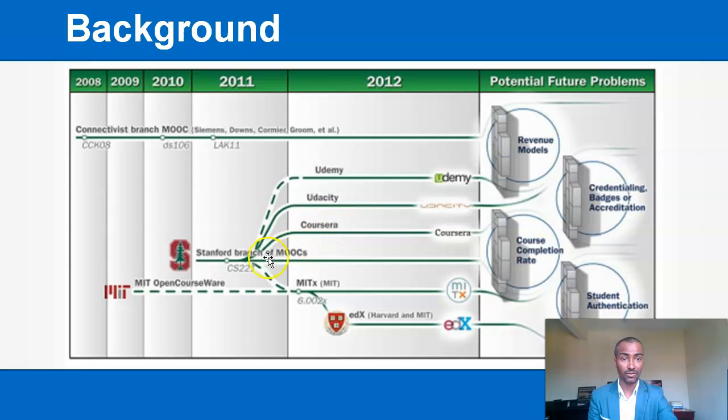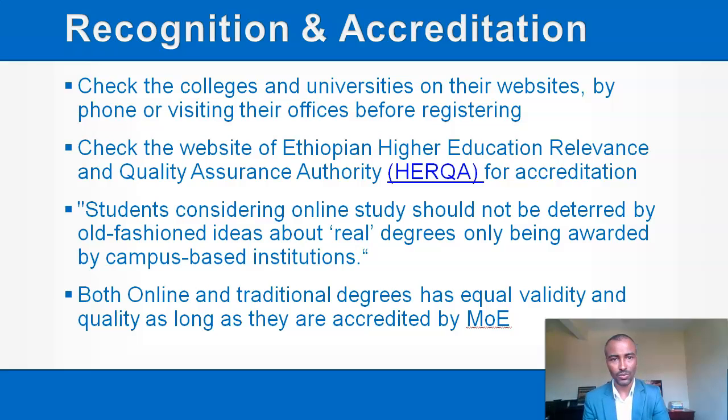They have the same kind of model. And edX also started, the one which we have been discussing at this time. And you can imagine that from 2012 until today, there have been tremendous changes throughout the development of online learning.